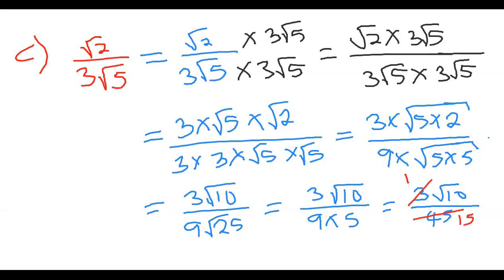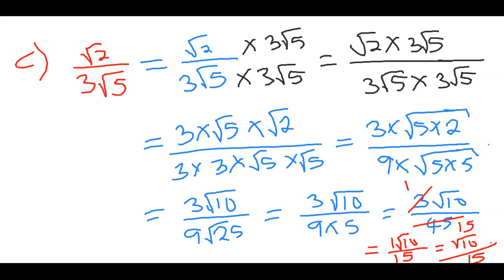And therefore the final answer will be 1 root of 10 divided by 15, which is still the same as root of 10 divided by 15. And that gives us our answer. You can copy that, then I give you another similar example together as well.